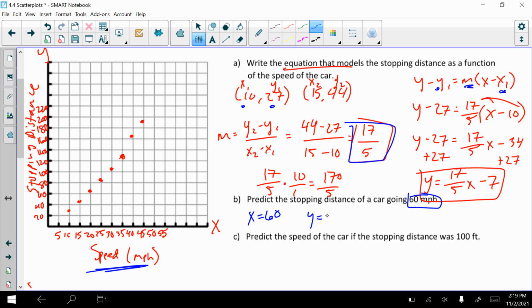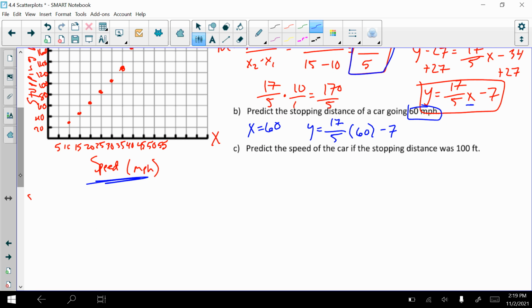So I'm going to take my equation, 17 over 5, but I'm going to replace x with 60. 17 over 5 times 60 minus 7. And at this point, I'm just doing some calculations, okay? I'm going to do 17 over 5 times 60. So if I do that in my calculator, 17 divided by 5 times 60, I get, let's do this down here.